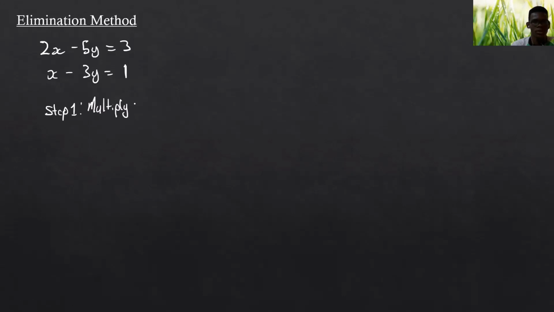So step one is to multiply the equations by the alternative coefficients of x.